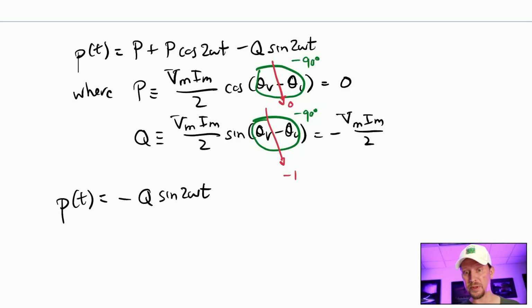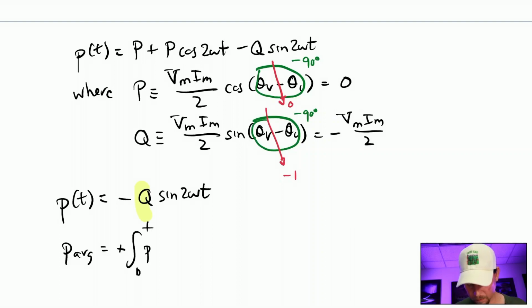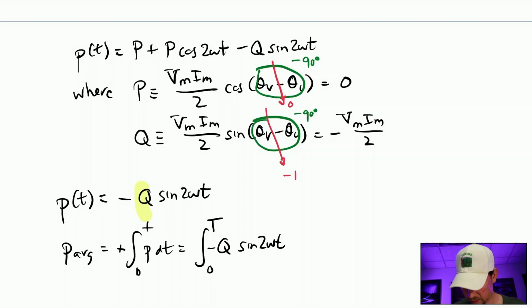P is equal to 0. Even though this term right here might not be equal to 0, so at any given time the instantaneous power might be positive or negative, the average power for a purely capacitive load, because of the presence of the sinusoid, over one period is always going to end up disappearing.